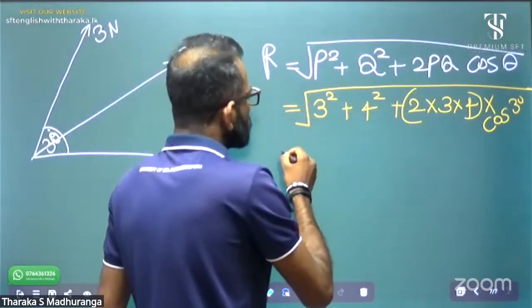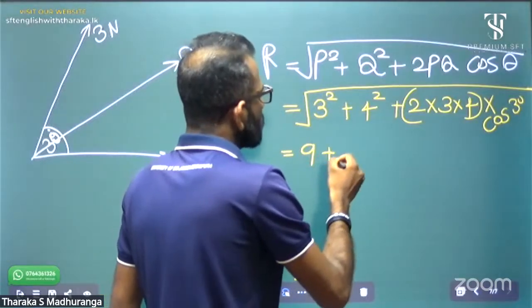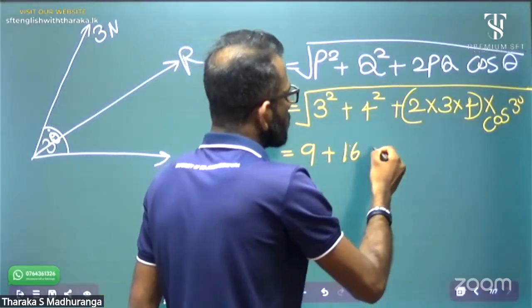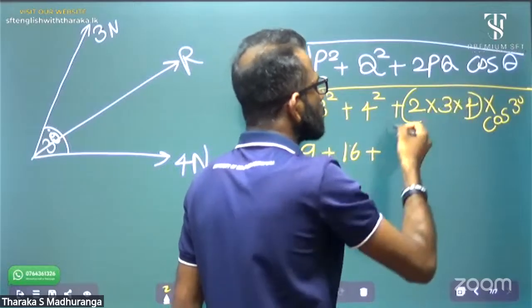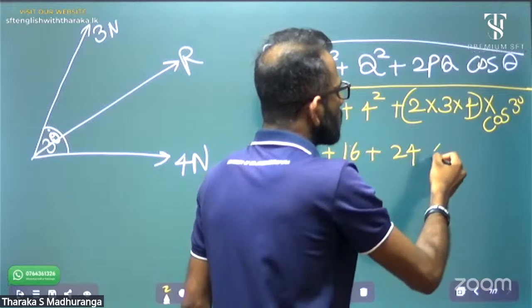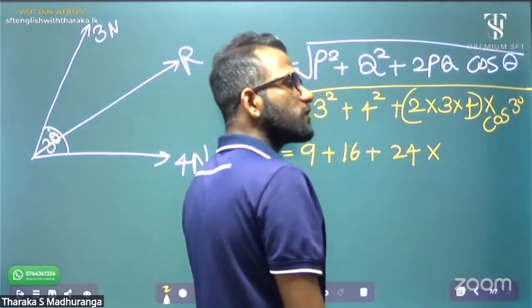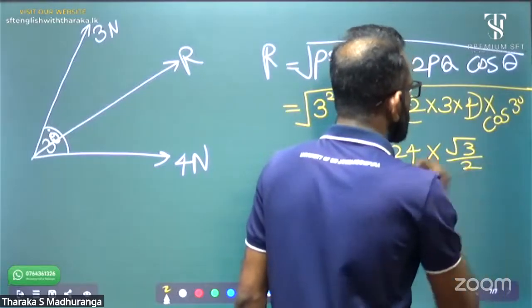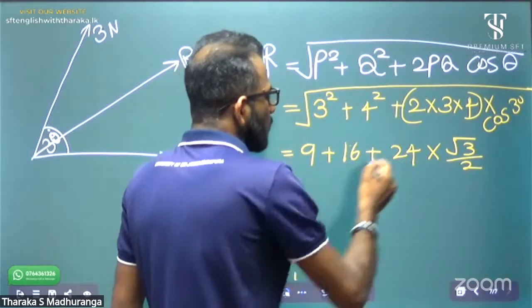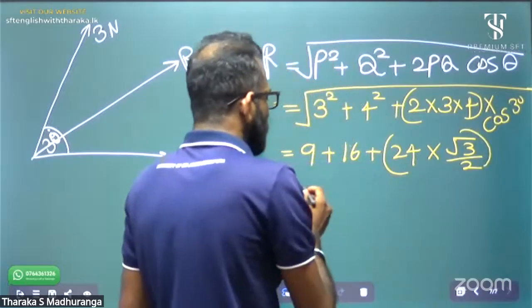Now 3 squared is 9, 4 squared is 16, plus 2 into 3 is 6, 6 into 4 is 24, into cos 30. What is the value of cos 30? Root 3 over 2. Now add brackets.